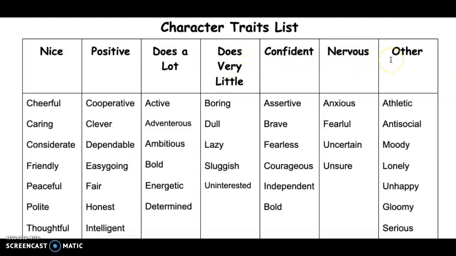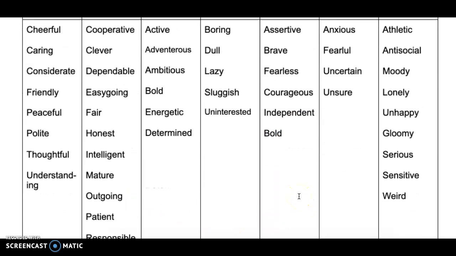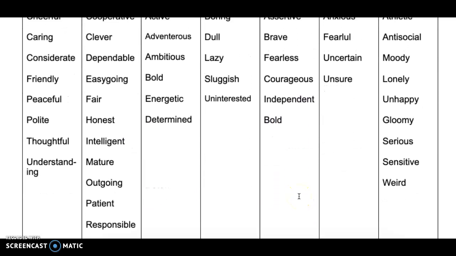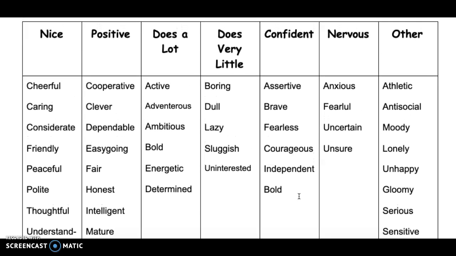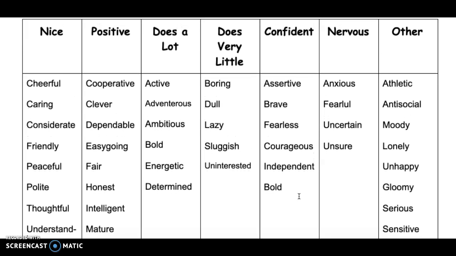And this last column has a bunch of different character traits. So take a little time to look over this list of character traits. It's not a complete list. And pick 2 different ones that fit your personality.